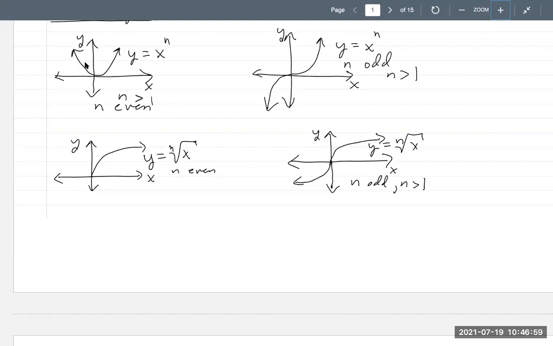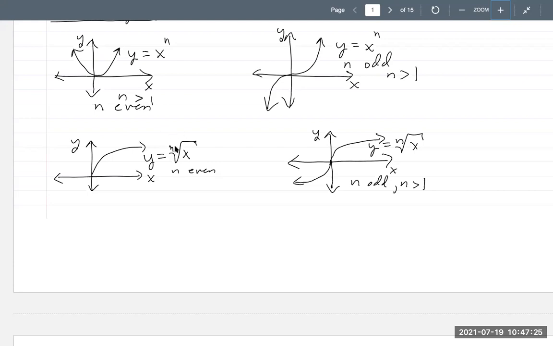So rather than looking like this, I've toppled it on its side and gotten rid of the bottom portion. So it just looks like this portion here, where I've flipped it about the x and y axis. So then it looks like this. And this is the graph of y equaling the nth root of x, where n here is some even natural number.